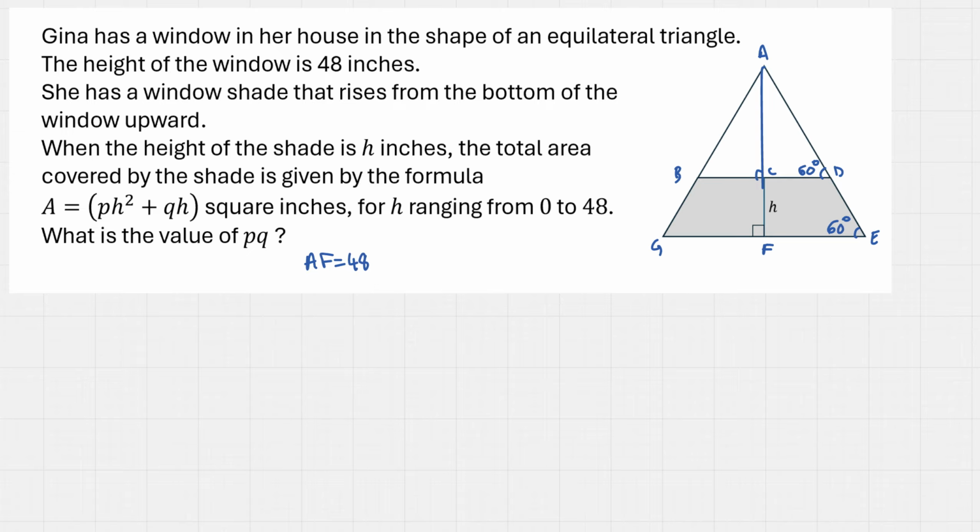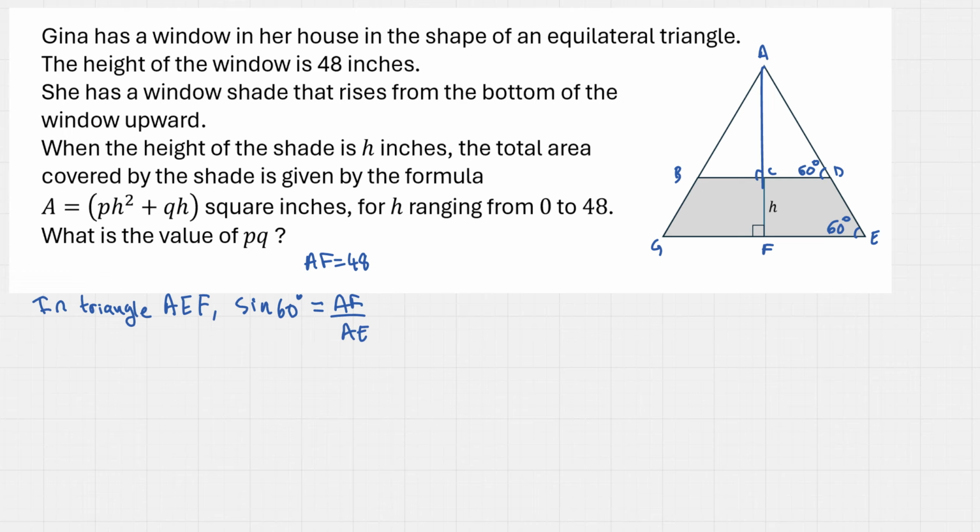Then we can find the side of the equilateral triangle, because in triangle AEF, sine of 60 degrees would be equal to AF over AE.